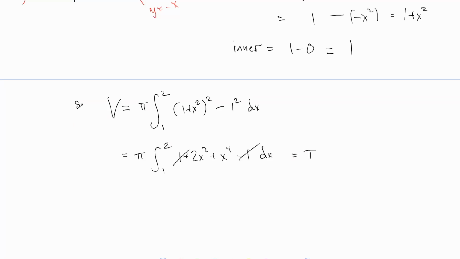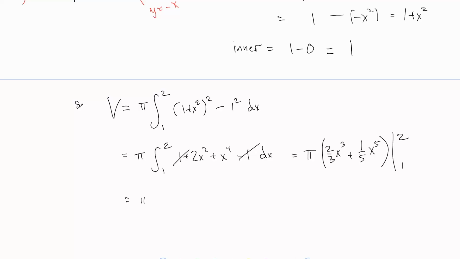So it's pi here. 2x squared becomes 2/3 x cubed plus 1/5 x to the 5, like that. And I plug in 1 and 2. Feeling good? All right, so plug in the 2, plug in the 1.